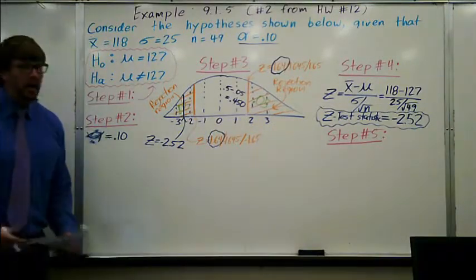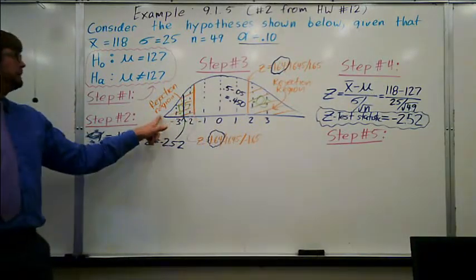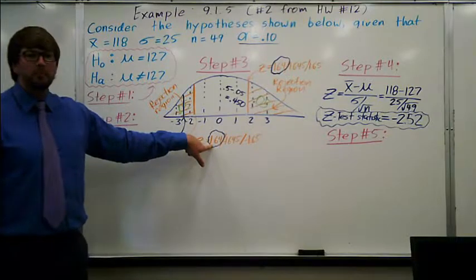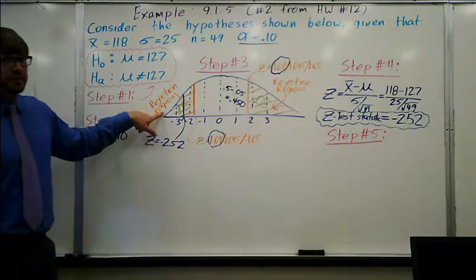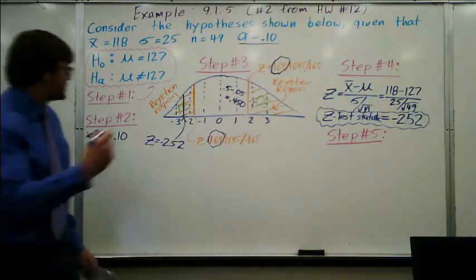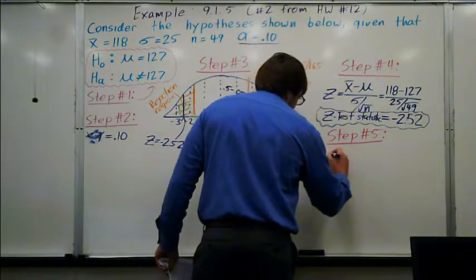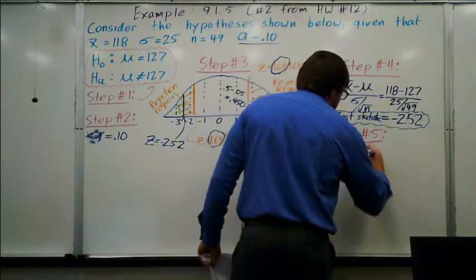So now, of course, that is more extreme or farther away from the mean than our critical value of negative 1.64, which means it does fall in the rejection region. So if it falls in the rejection region, our decision then is to reject the null hypothesis and accept the alternative.